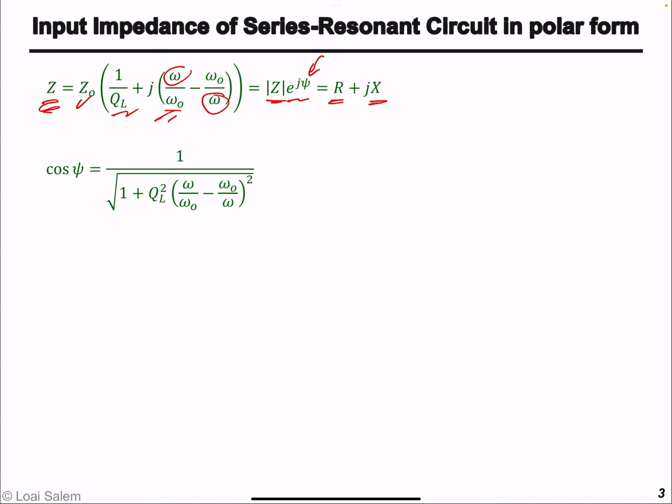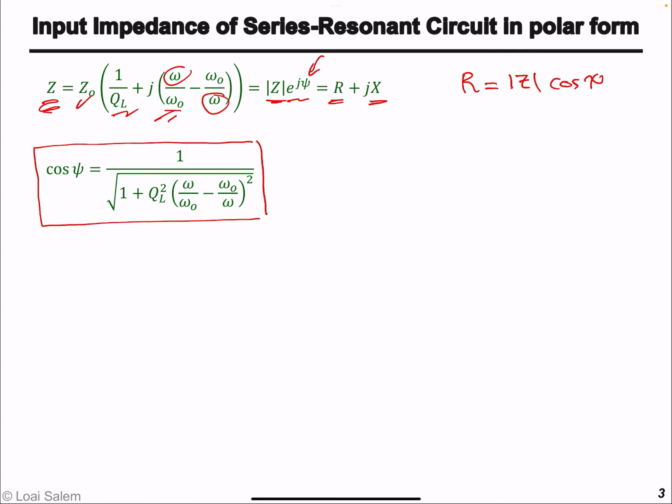And we found that the real part of the equivalent input impedance of the RLC circuit can be expressed as the magnitude of the impedance times cosine psi, where cosine psi is given by this expression.